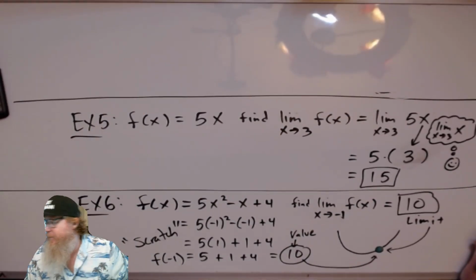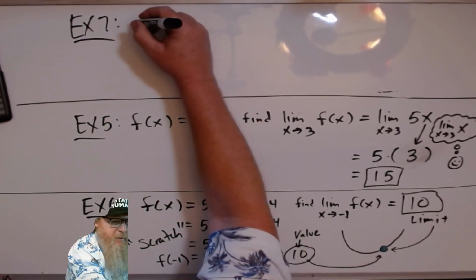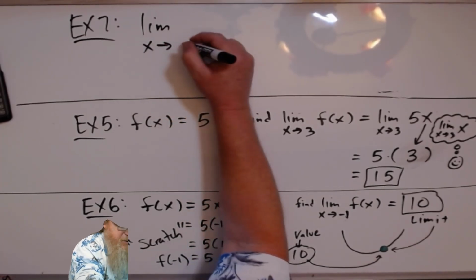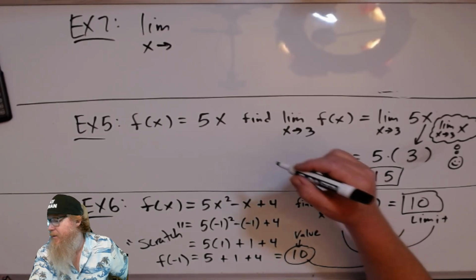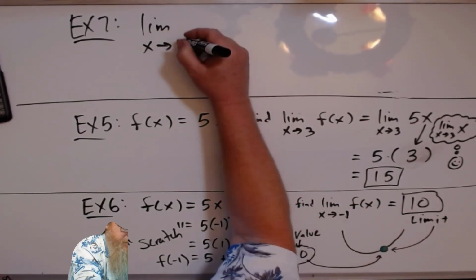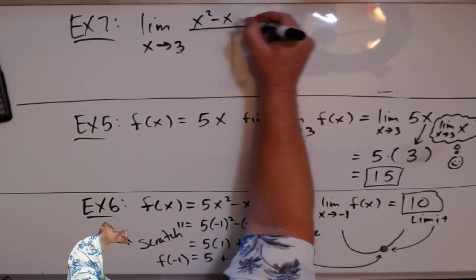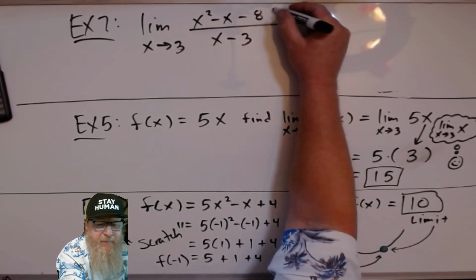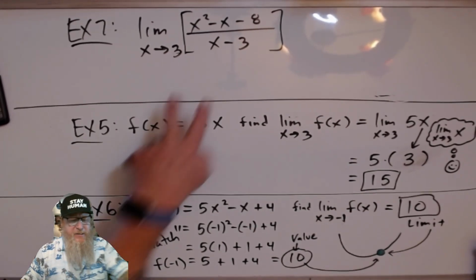How about this one? The limit as x goes to 3 of x squared minus x minus 8 over x minus 3. So this is your function here.